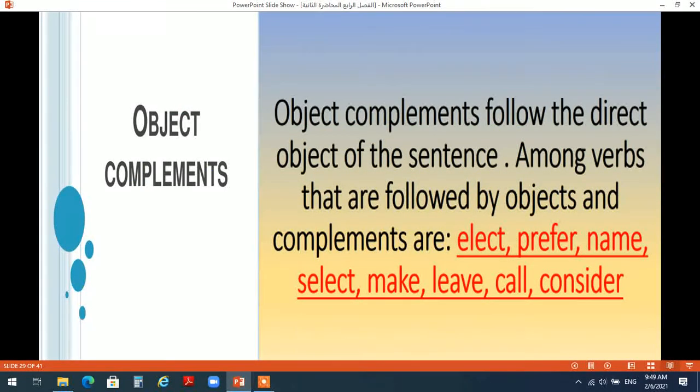Regarding the object complements, they follow the direct object of the sentence. إذا تأتي بعد المفعول به المباشر في الجملة. Among verbs that are followed by objects and complements are the verbs elect, prefer, name, select, make, leave, call, and consider. All these verbs are usually followed by object complements.